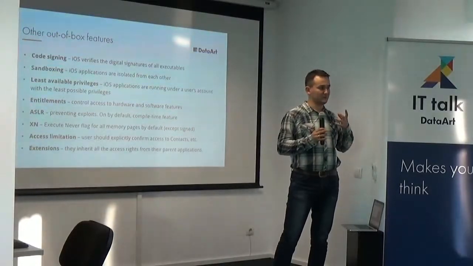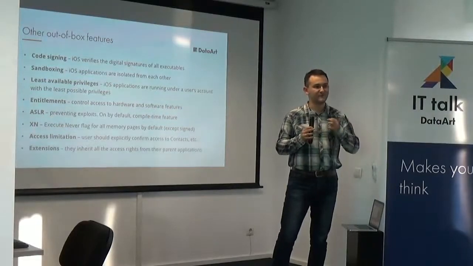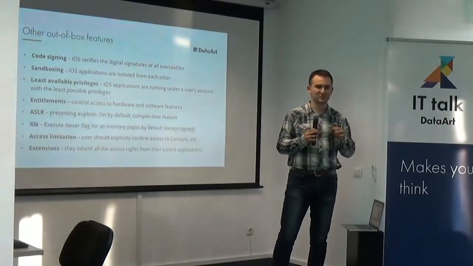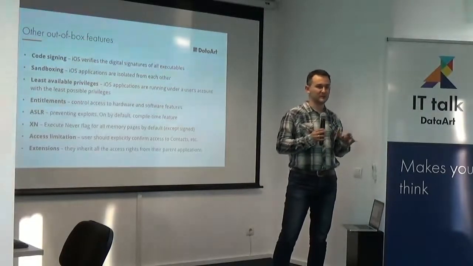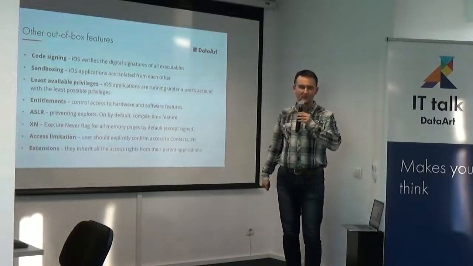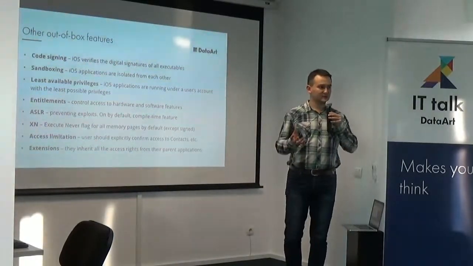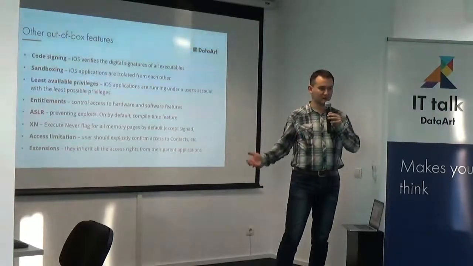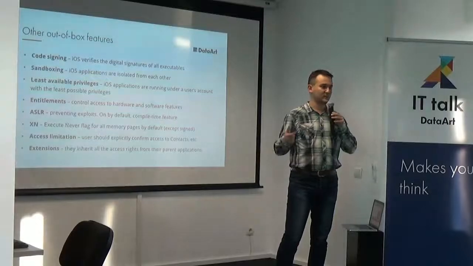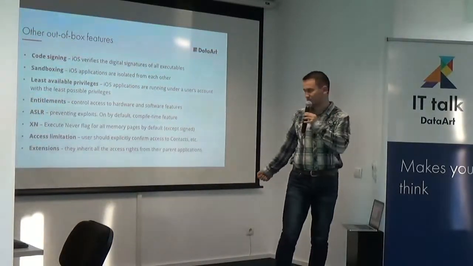So the account with the least user privileges sufficient for the application to run is used for third-party applications. System applications use slightly different levels of access, but it is not the case for our presentation. Then the entitlements mechanism. They regulate the access to some hardware features like Bluetooth, camera, microphone. They also affect how push notifications work and so on.